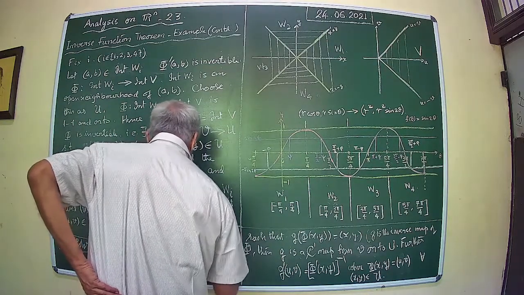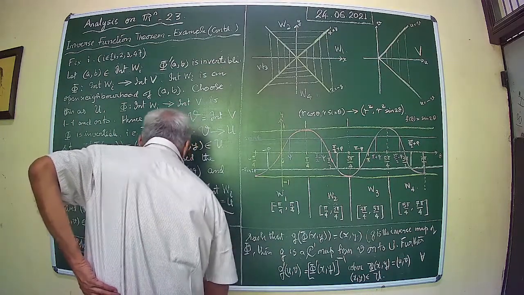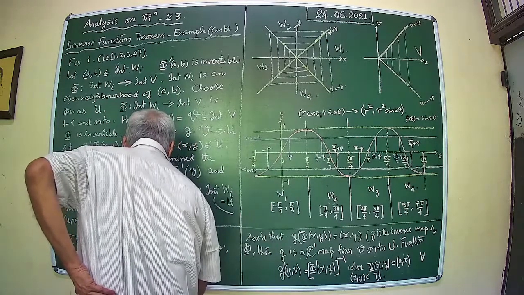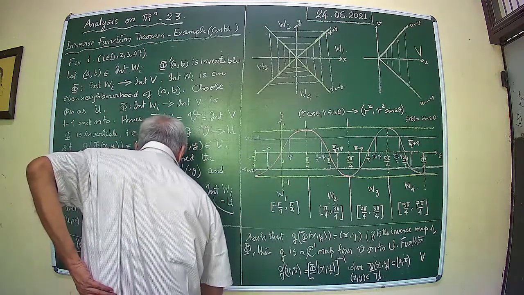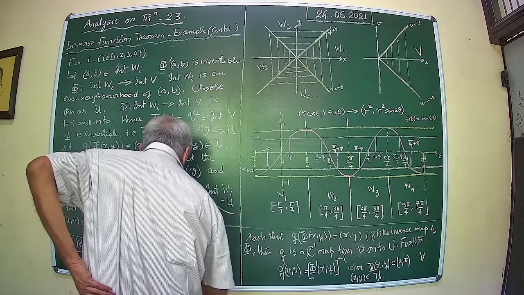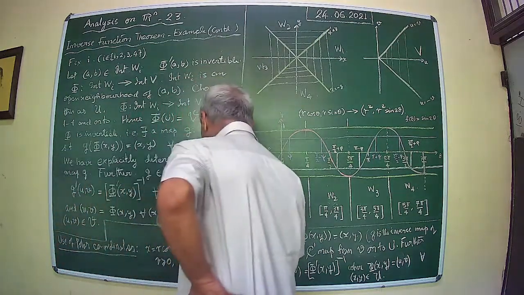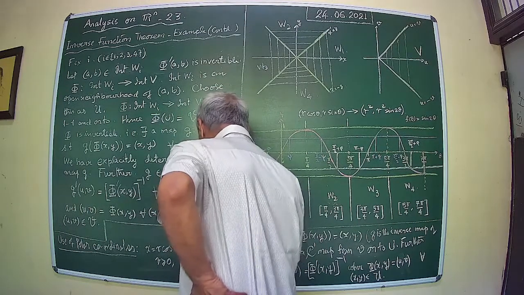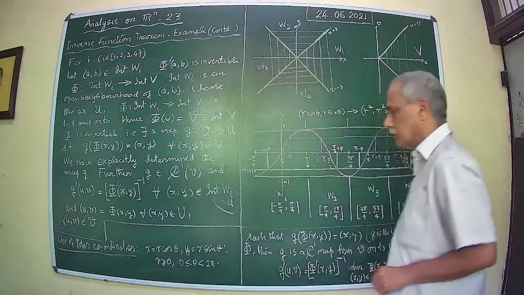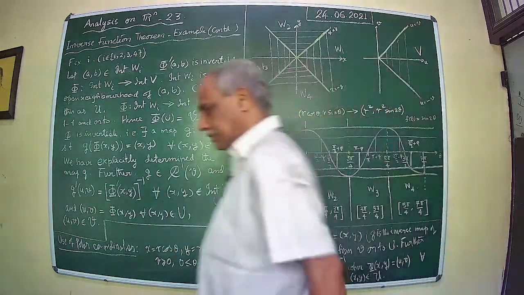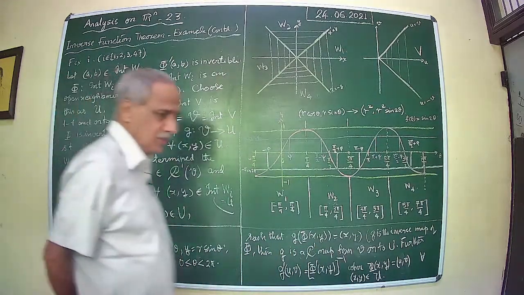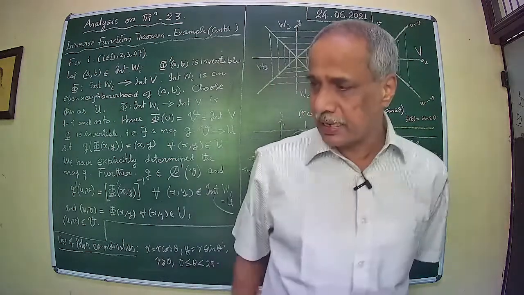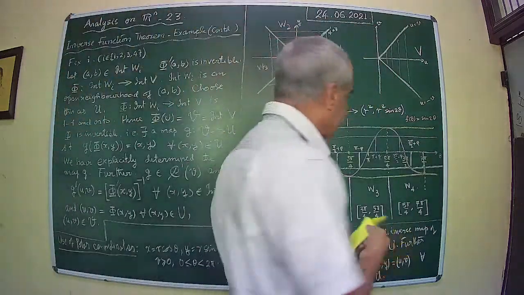Then r is greater than or equal to 0 and theta lies between ... and takes care of the entire set of points in R2. Now what is it that you get from here?